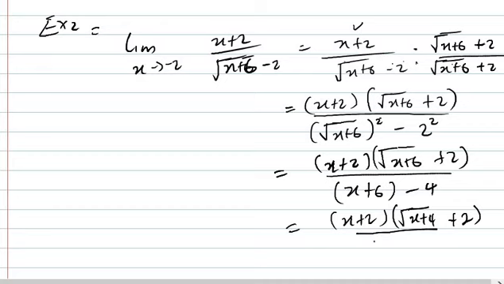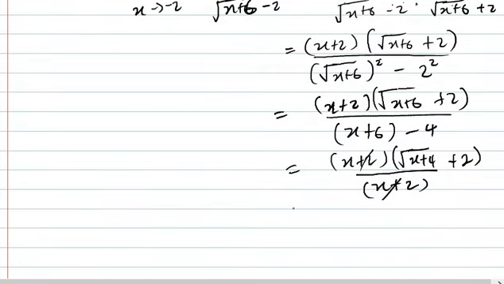So the denominator we have x plus 6 minus 4, which is x plus 2. So this goes with this. Then we will have root of x plus 4 all together, then plus 2.